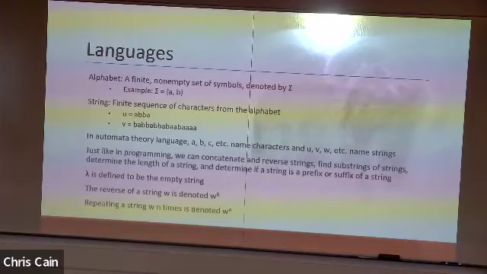If we want to repeat a string n times, we will say it's the string name raised to the power n, n being the number of repetitions of that string. So u squared would be abba, abba. Questions about notation for alphabets, strings, things you can do to strings?